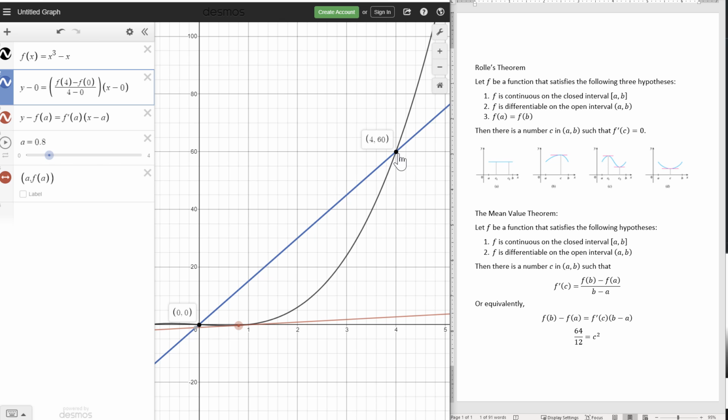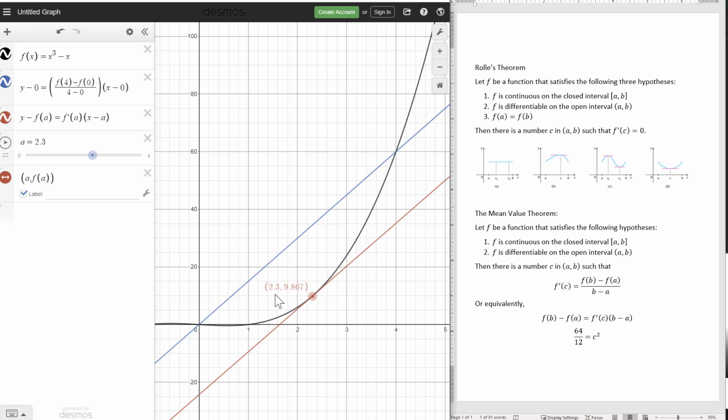That's our point when x is equal to 4 on the graph, and then we have a secant line. And what we're doing is we're trying to find an x value so that the secant line and the tangent line are going to be parallel.